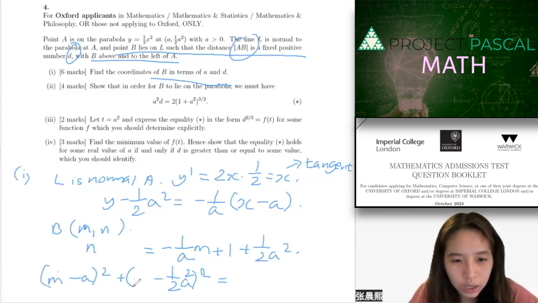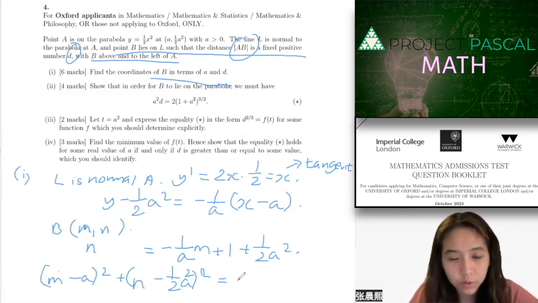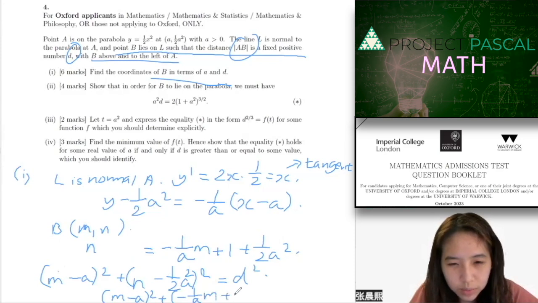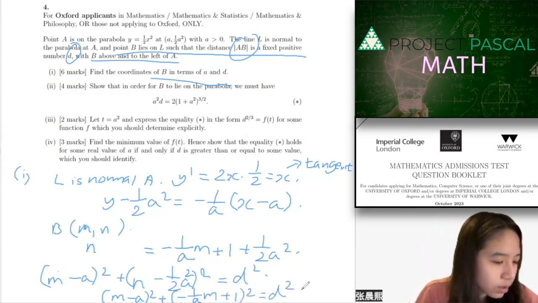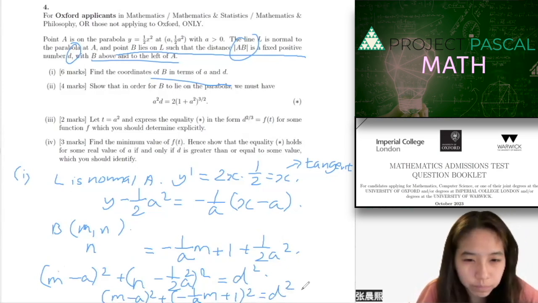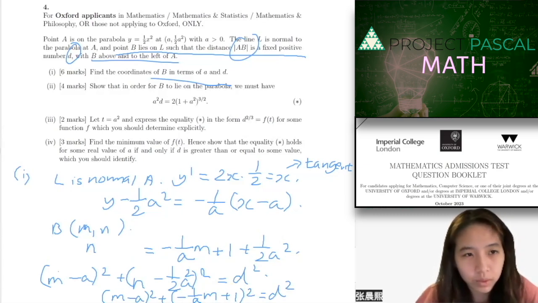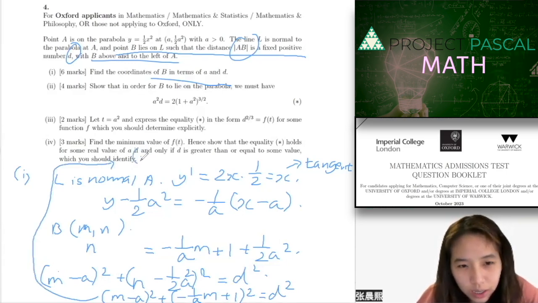So you have n minus that thing equals to d squared. And so m minus a squared plus half 1 over a m plus 1 squared equals to d squared. And you basically can realize that this is m minus a squared times 1 plus 1 over a squared equals d squared.